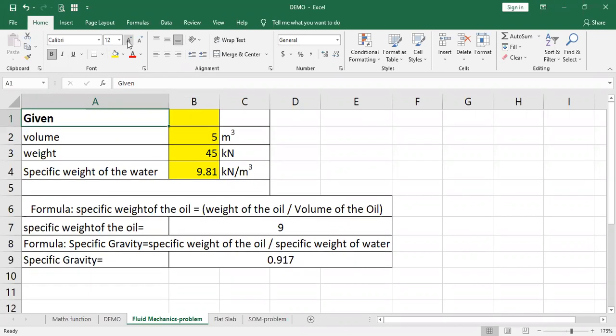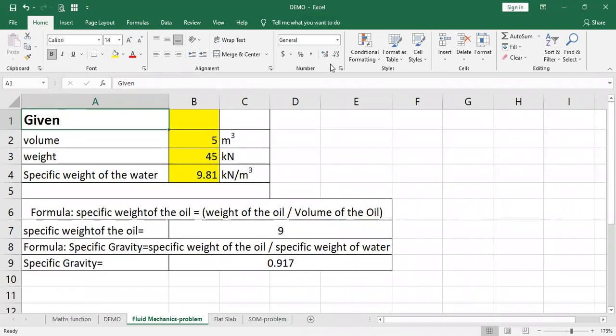If you increase the font size, this will be differentiated from the other parameters.